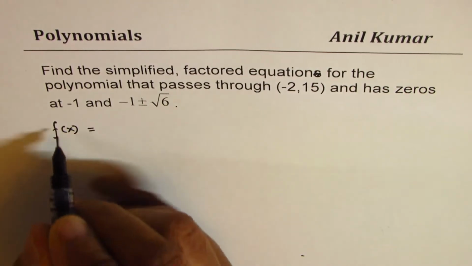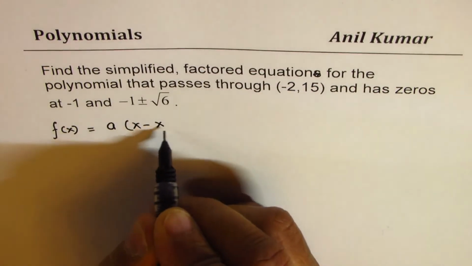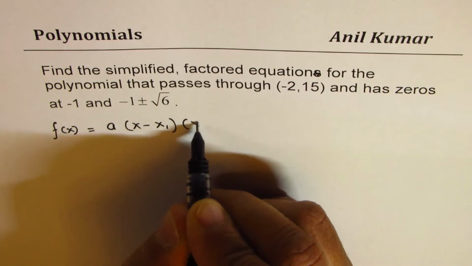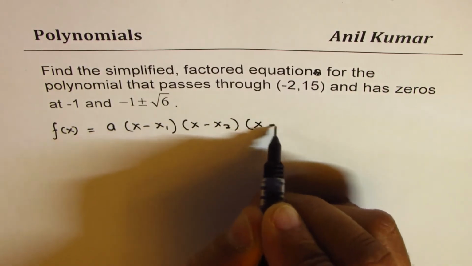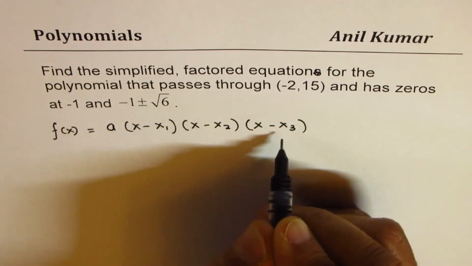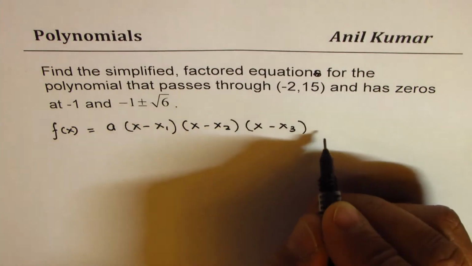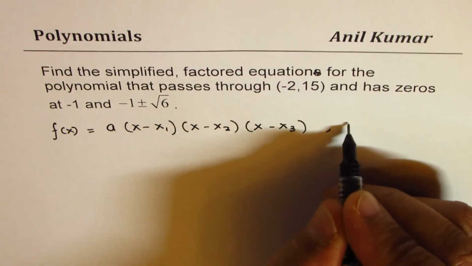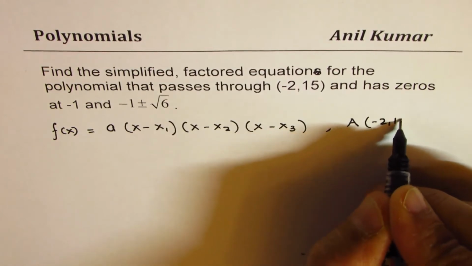We can write the function f of x as a times x minus x1, the first zero, times x minus x2, the second zero, times x minus x3, the third zero. Okay, a makes it specific. We are given a point, let me call this point capital A, (-2, 15).